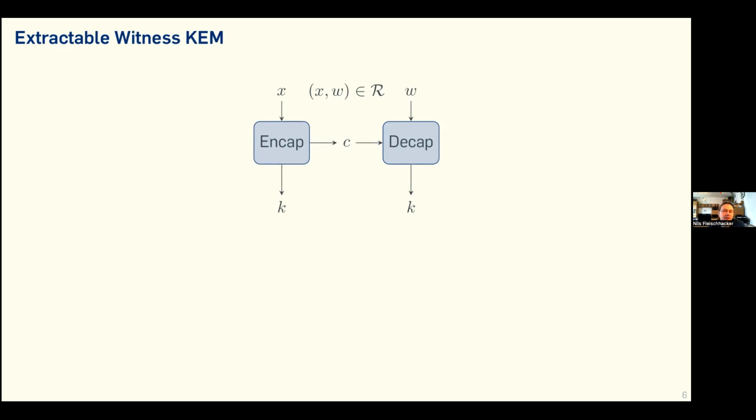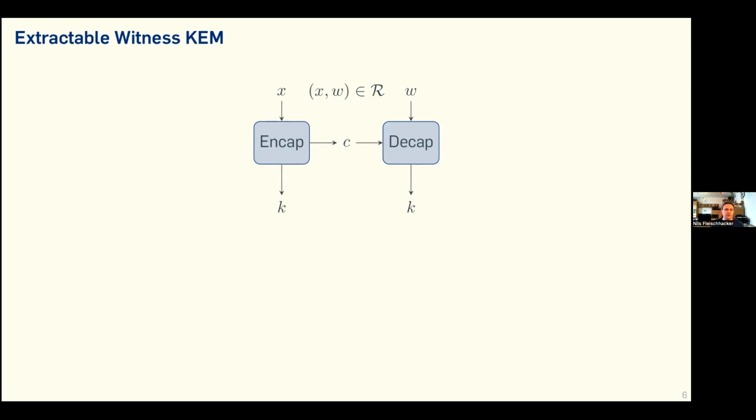A KEM is a key encapsulation mechanism, which is very similar to an encryption scheme, but it can only encrypt random short messages. The idea is basically that the KEM functionality essentially abstracts what you want from a public key encryption scheme when you want to use it for hybrid encryption.